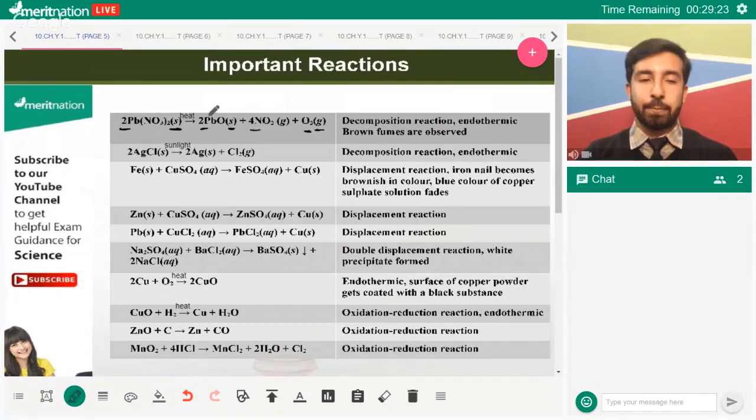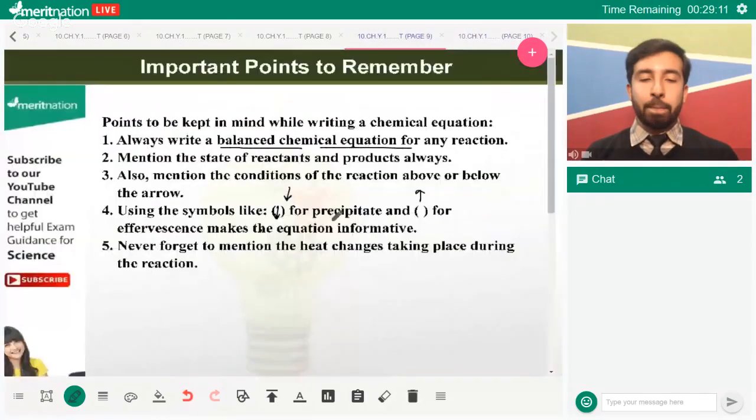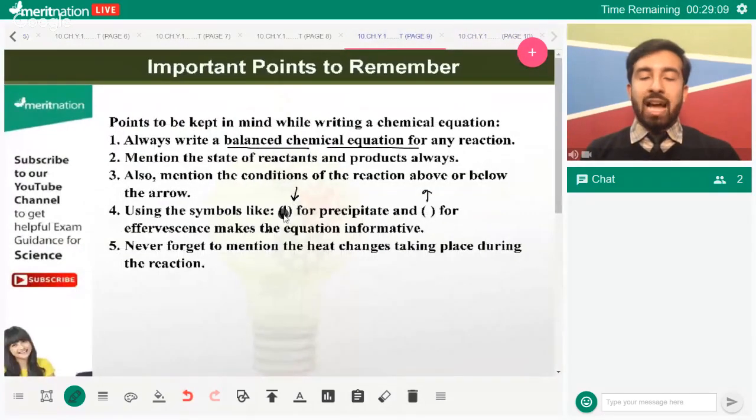This reaction is an endothermic reaction, so I have mentioned heat above the arrow. And also, the last thing you have to take care of is to write the upward and downward arrows to explain whether it's effervescence, where a gas is released, or a precipitate is formed.